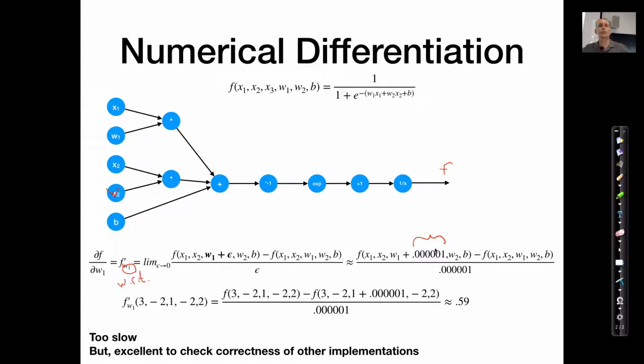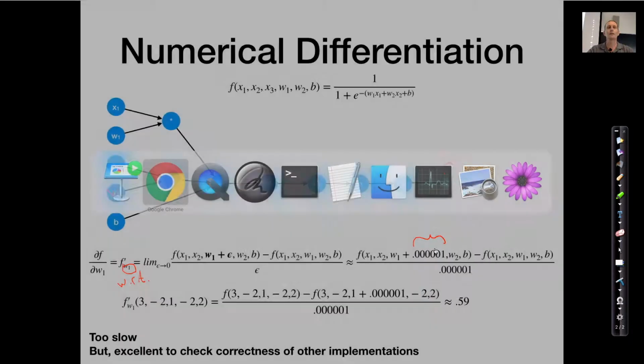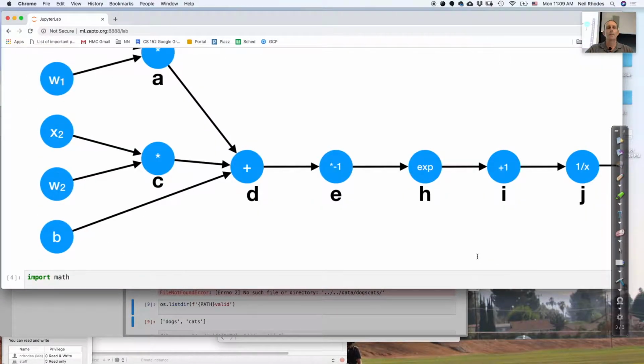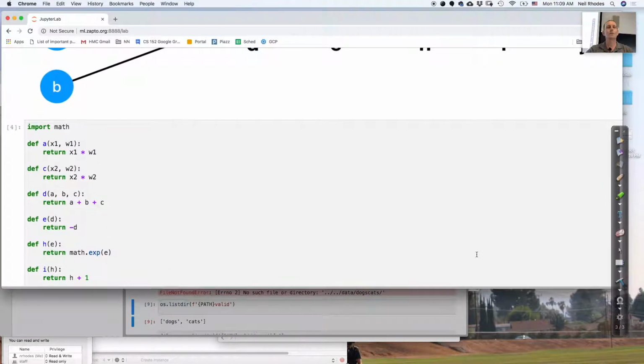Oh, and let's just show numerical differentiation in Python. So here I have a notebook with that same picture. And so how am I going to do differentiation?